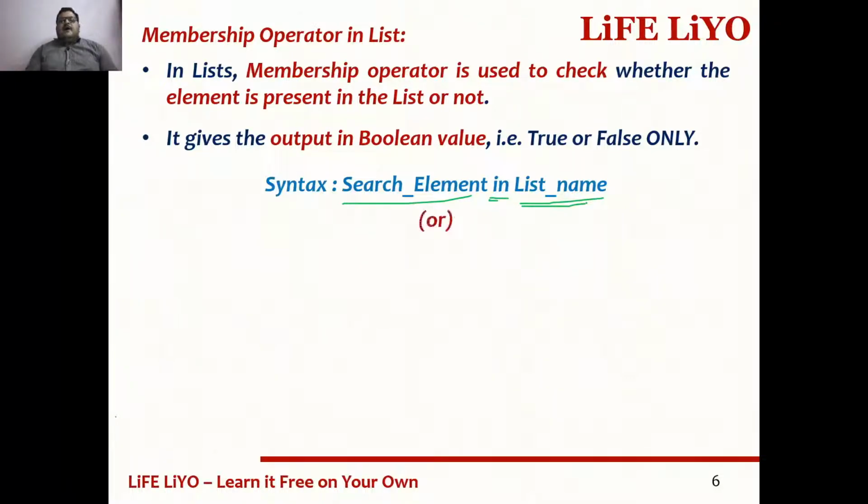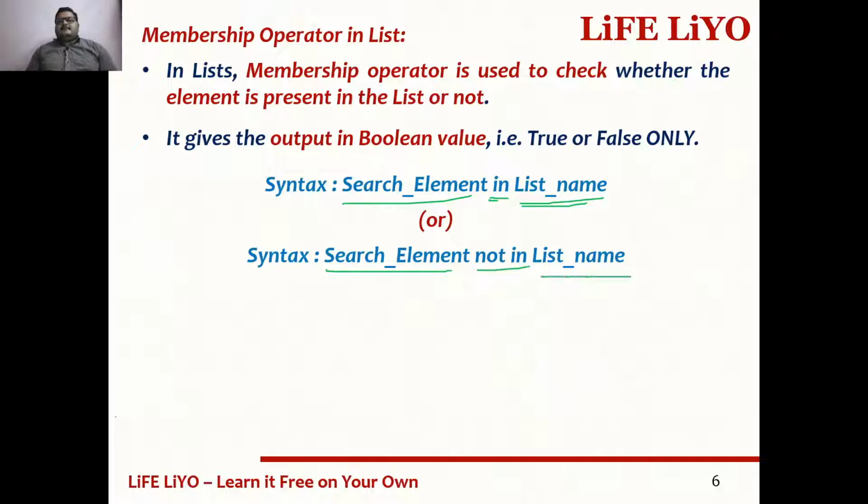Or we have another membership operator called not in: search element, not in, list name. So these are the two ways. The in operator gives true when the element is available, and the not in operator gives true when the element is not available.